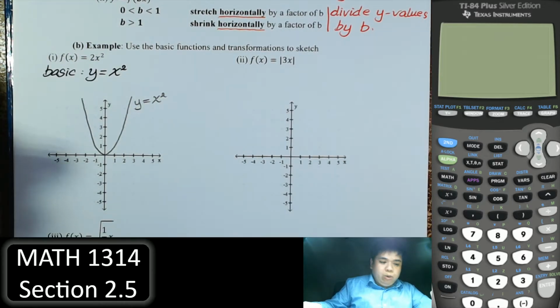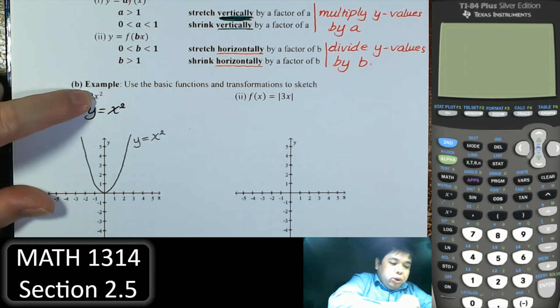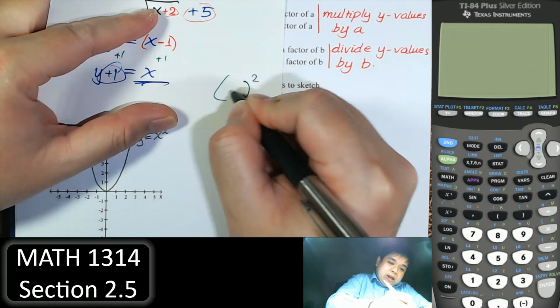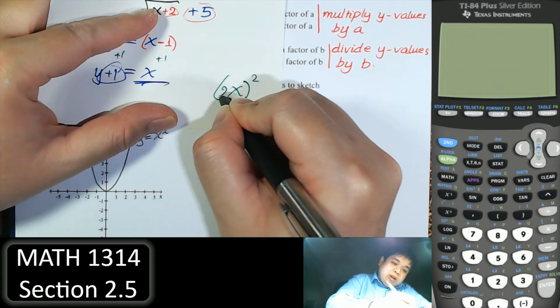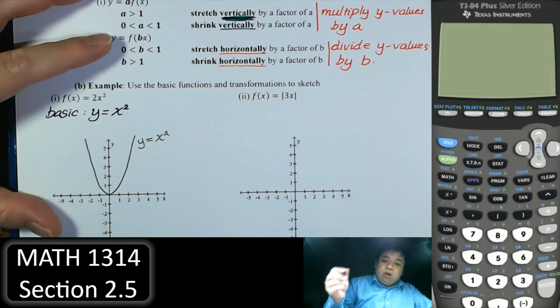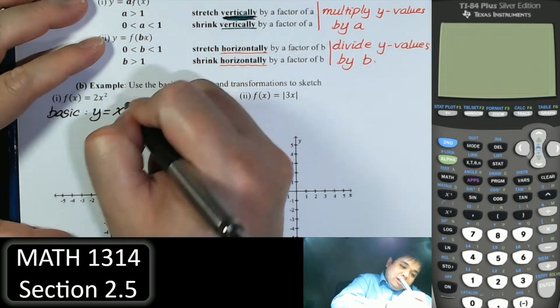So what do we do then? The 2 here is outside of the square, right? Because we have a square. If the 2 were inside, it would be here. But this time the 2 is on the outside of the square. So outside will affect the graph vertically. So here we just multiply the y values by 2.